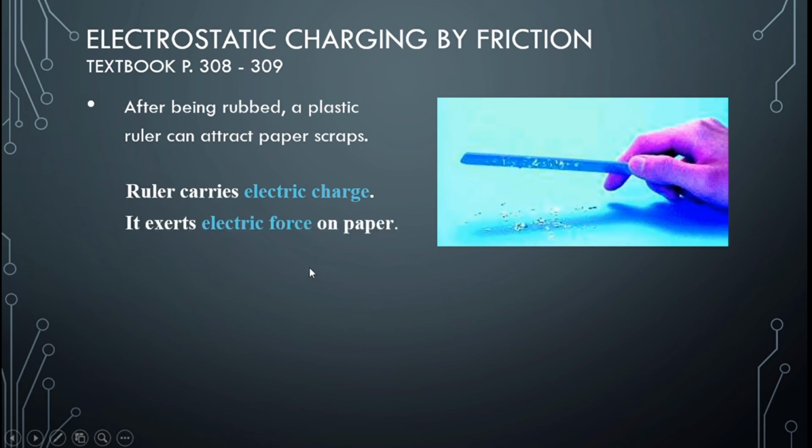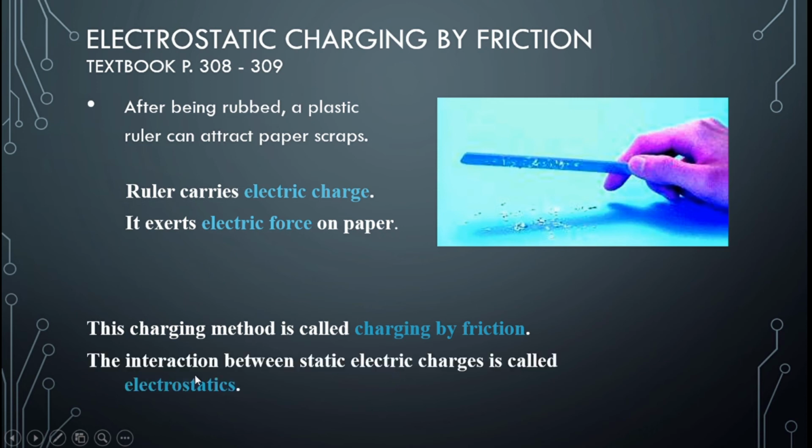It exerts electric force on a paper. This charging method is called charging by friction. The interaction between static electric charges is called electrostatics. Here, the method of charging by friction holds true for insulators only.